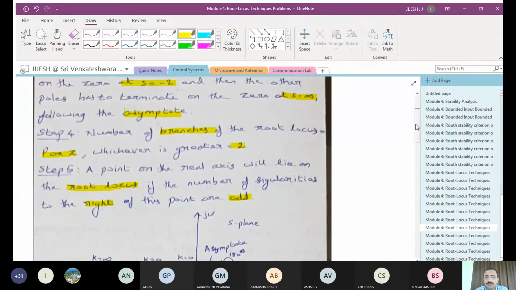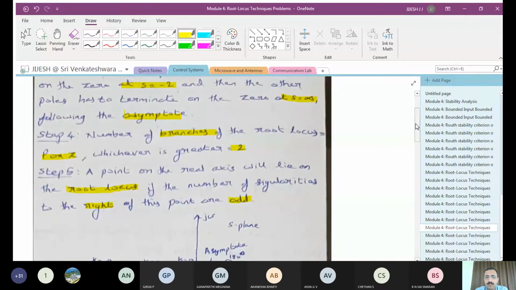So first, you can start one by one, mark the poles and zeros, and then find out the asymptotes. The asymptote steps and all I will show you here. You need to carry out all the steps.